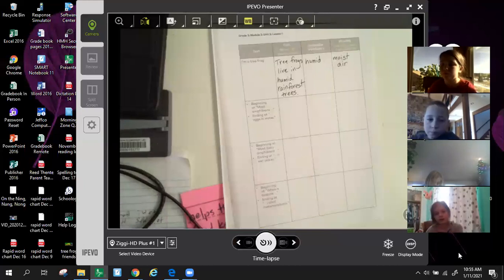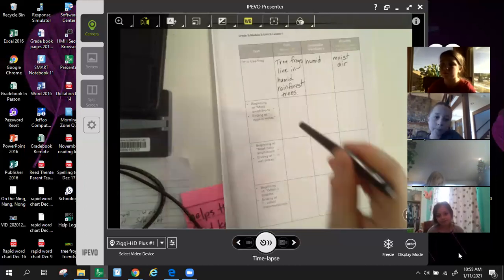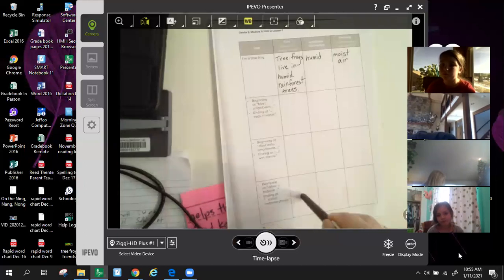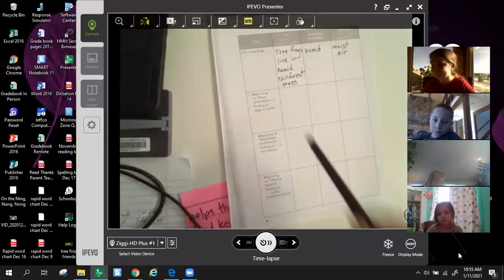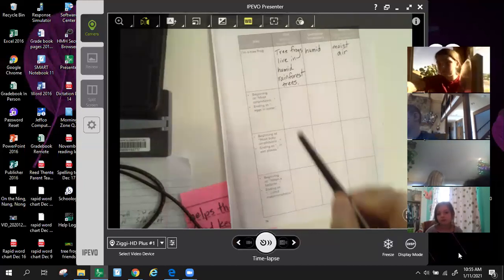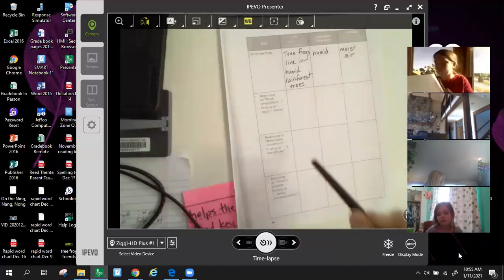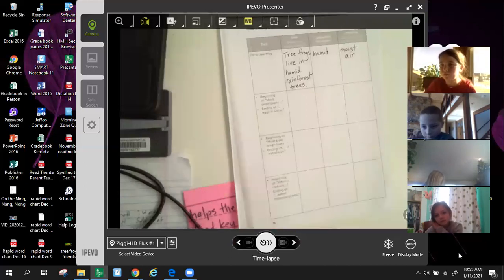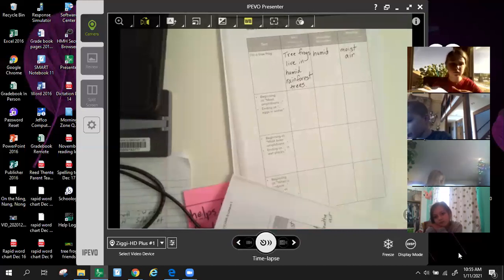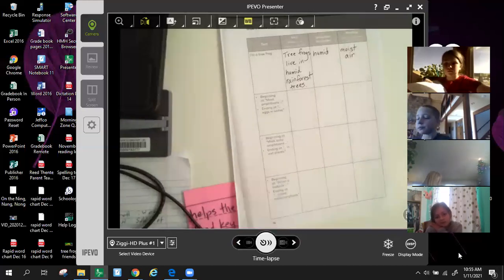So I would like you to do, please, these last three. Go ahead and read on pages 6 and 7, these last 3 sections, and please have one sentence in each box, at least one word that you think somebody might be unfamiliar with, and what you think it means. And you can use your dictionary if you need to answer those.